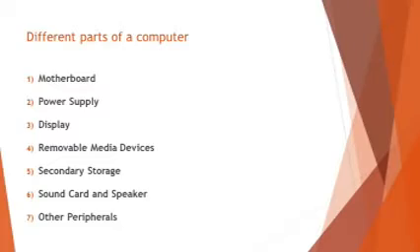In this class we just began the chapter, the introduction to the hardware. First we discussed the definition of hardware, which is all the physical components of a computer, the major items of equipment or components used for a particular purpose. Then we discussed the different parts of the computer, which include the motherboard, power supply, display, removable media devices, secondary storage, and the sound card and speaker, and we have the other peripherals that we will discuss in the next class.